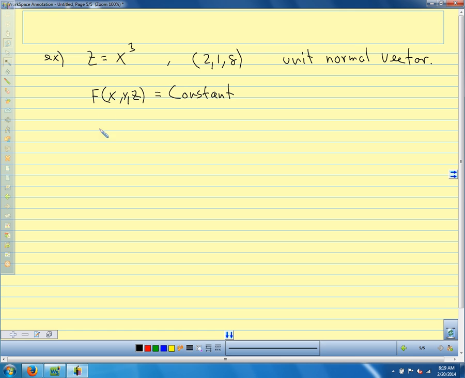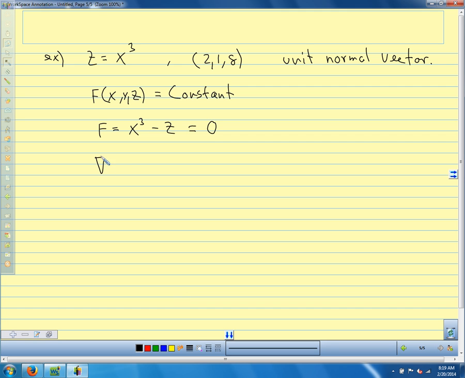So I'm going to say f equals x cubed minus z. So there's my surface. There's f of x, y, z equals a constant. And this equals 0. So when I subtract z from both sides, I get 0. And what gives us our normal vector? The gradient gives us our normal vector.